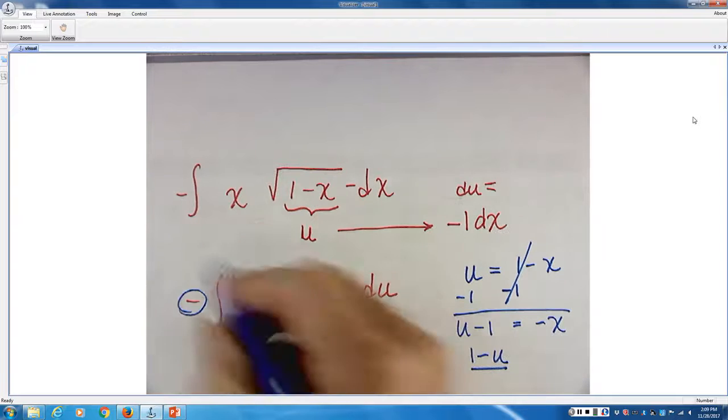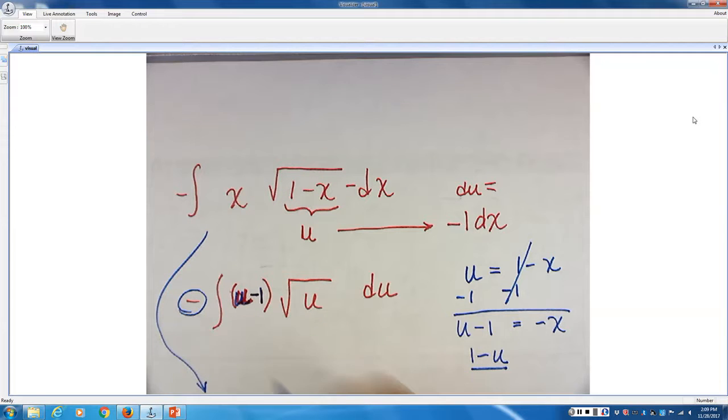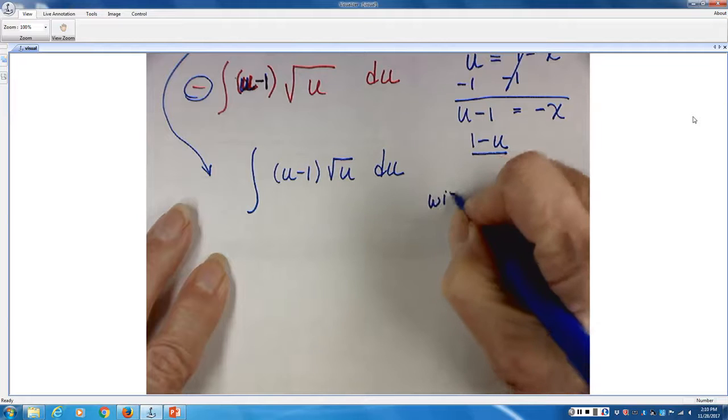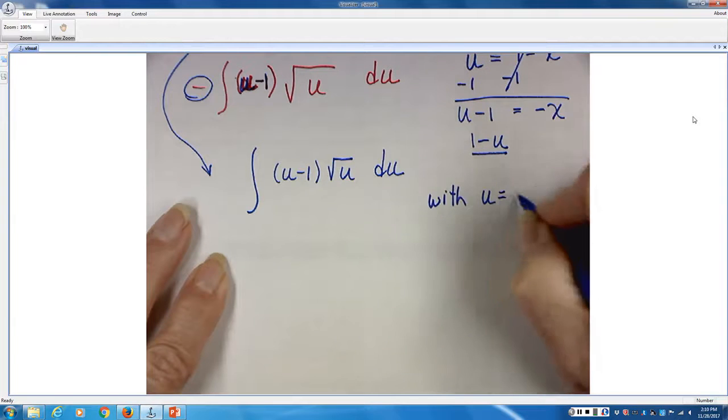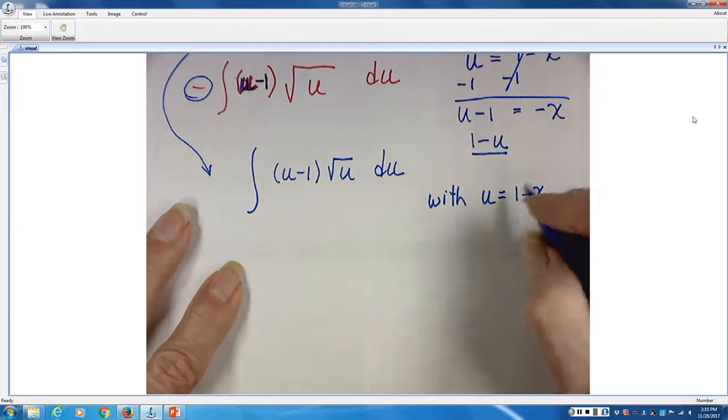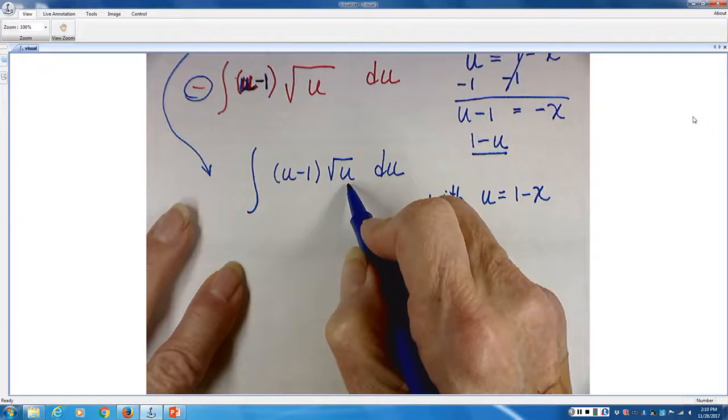So our integral actually looks like this. The integral of u minus 1 square root of u du. And in this case, u is equal to 1 minus x, so that's where we got the square root of u from.